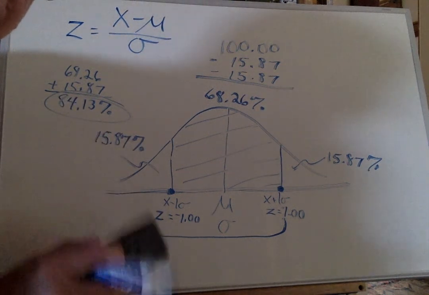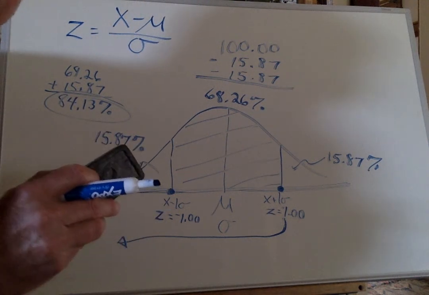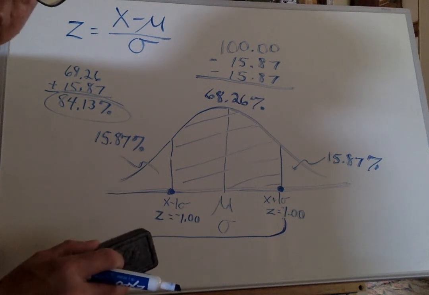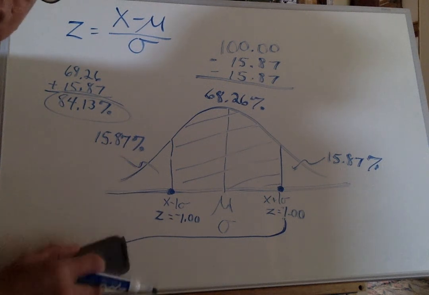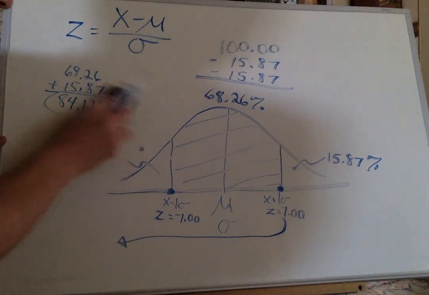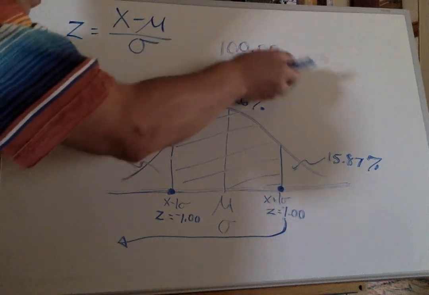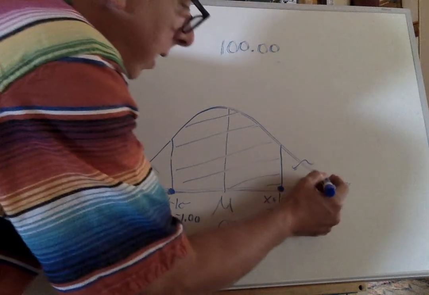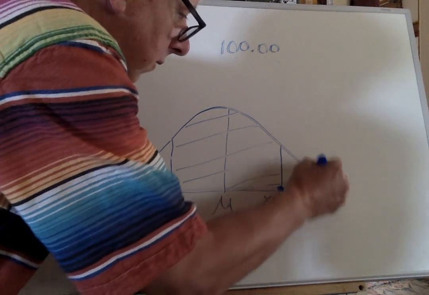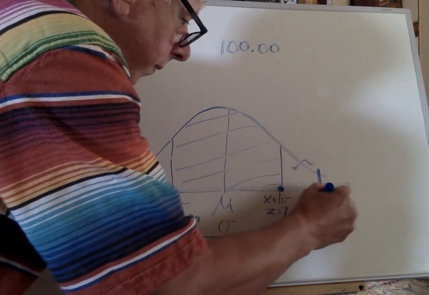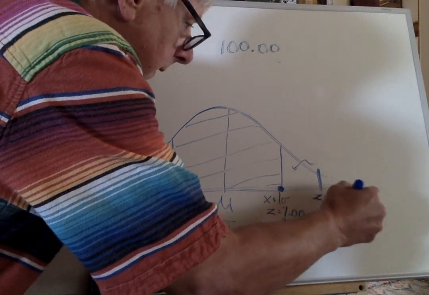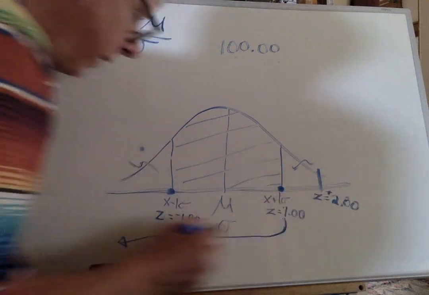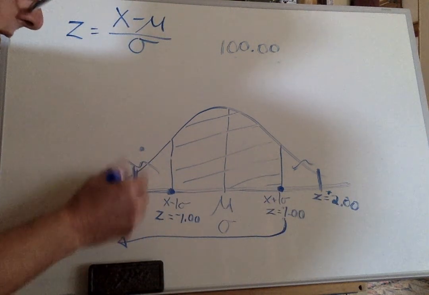So let's do the same thing now for a z-score of 2. That is, if I'm out here at a z-score of 2, which means I'm 2 standard deviations away from the mean.